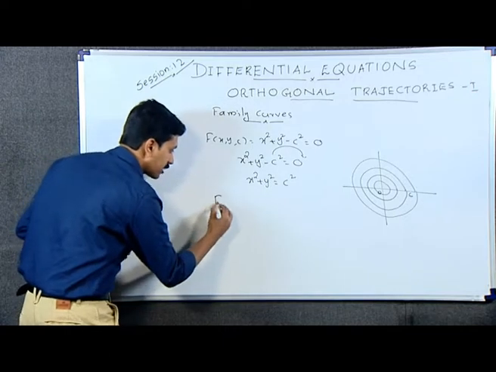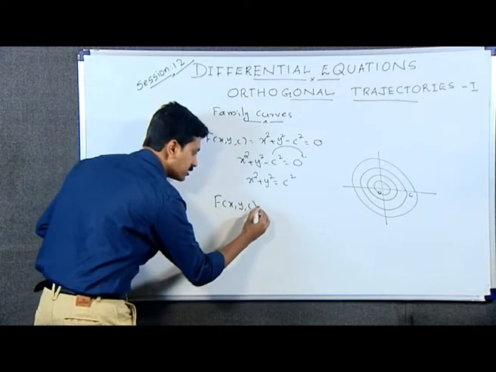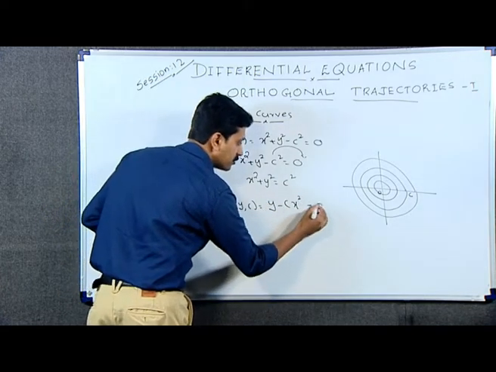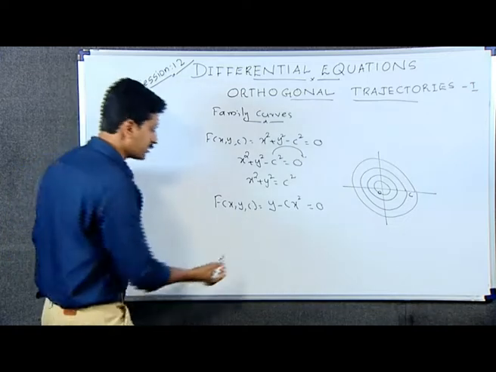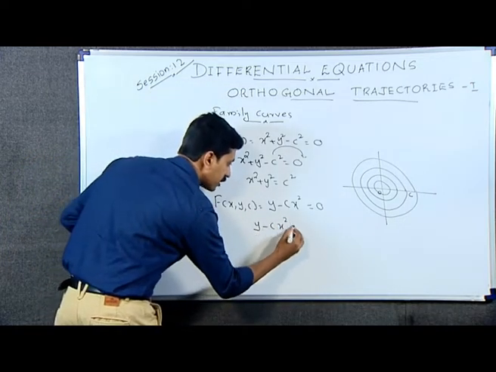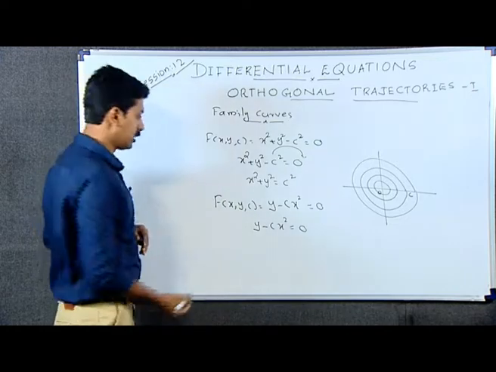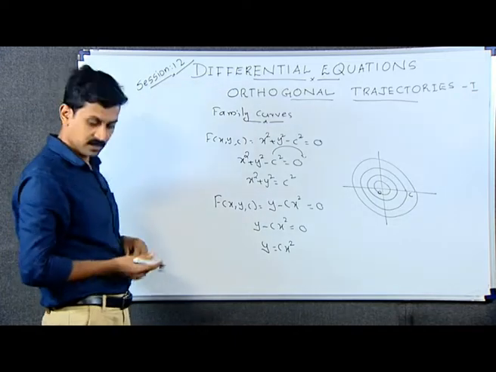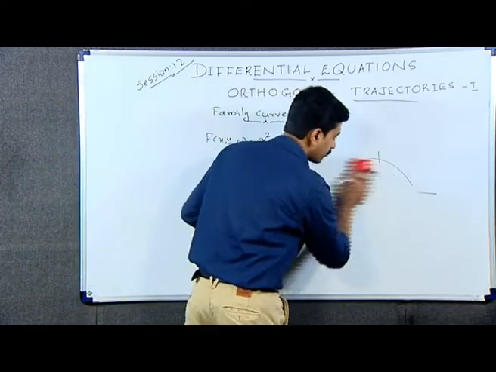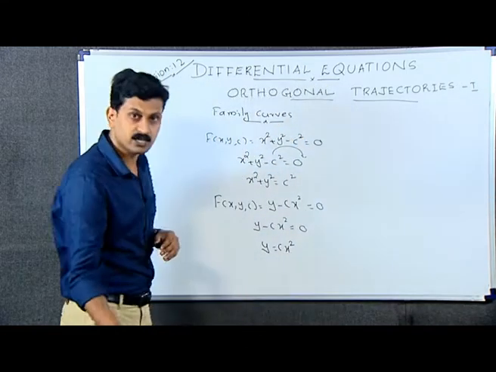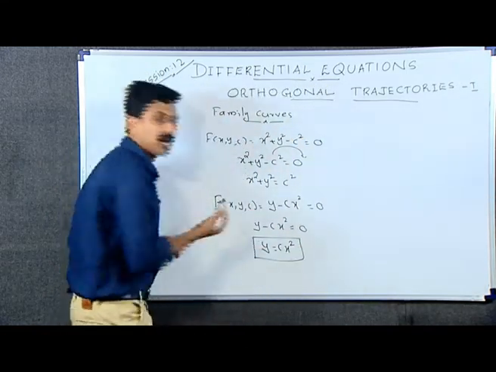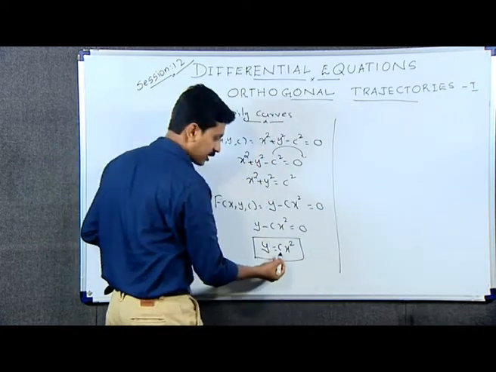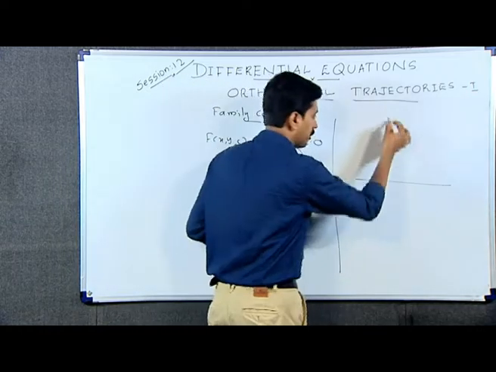Similarly, we can have another collection of curves, f(x, y, c) = y - c x squared = 0. That means y = c x squared. We understand that y = c x squared is the collection of all parabolas, which are symmetric about the y-axis.